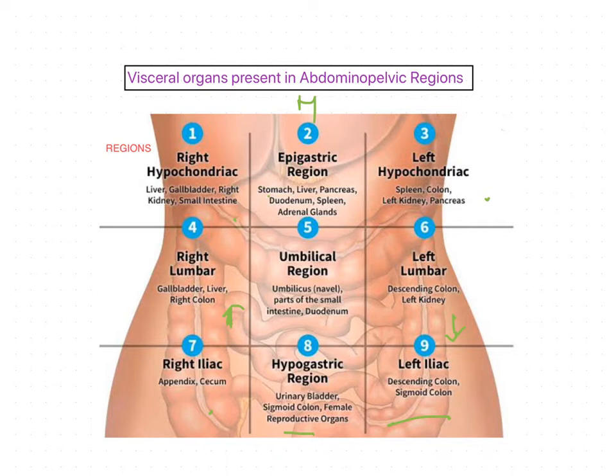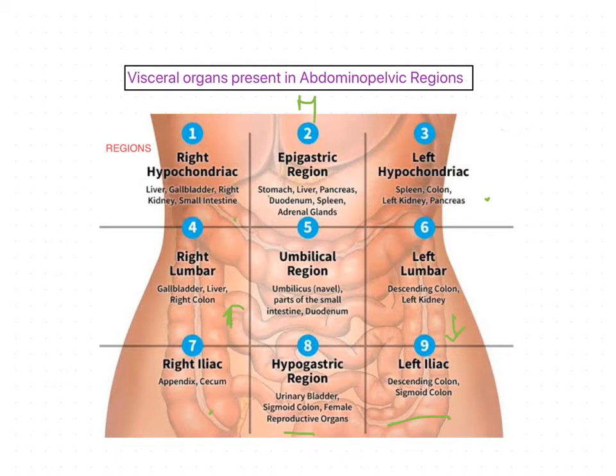So it is very easy, if you want to palpate any of the organs, these regions are very useful to palpate the organs, if you know these regions and what visceral organs are related to them.